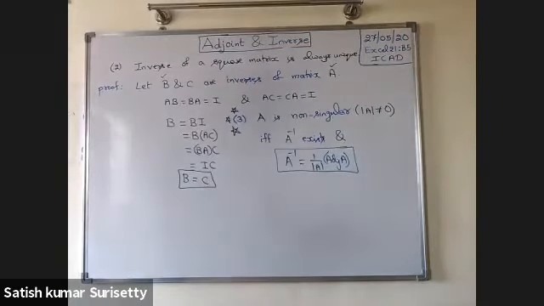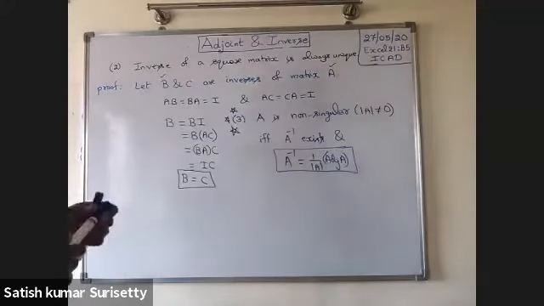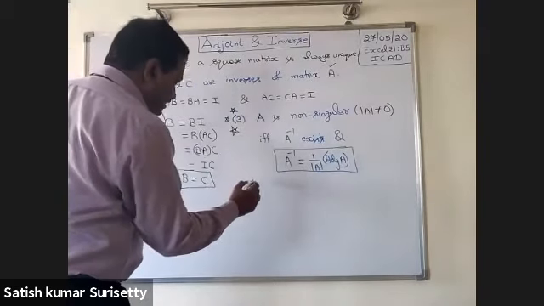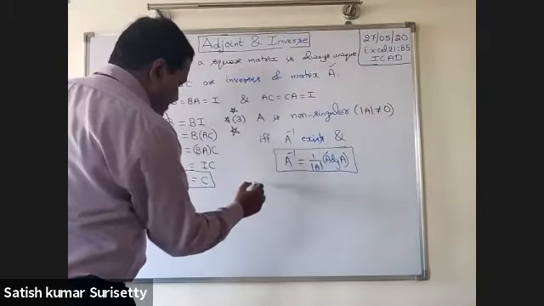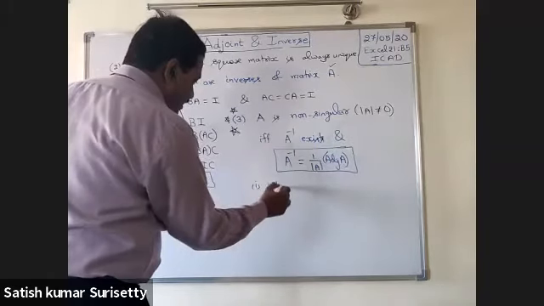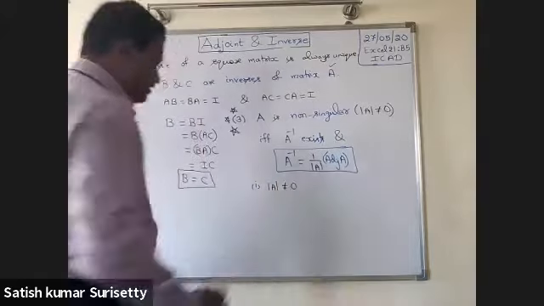Try to prove this property. Let us assume that A is non-singular. That is the first case. So A is non-singular means what? Determinant of A not equal to 0.